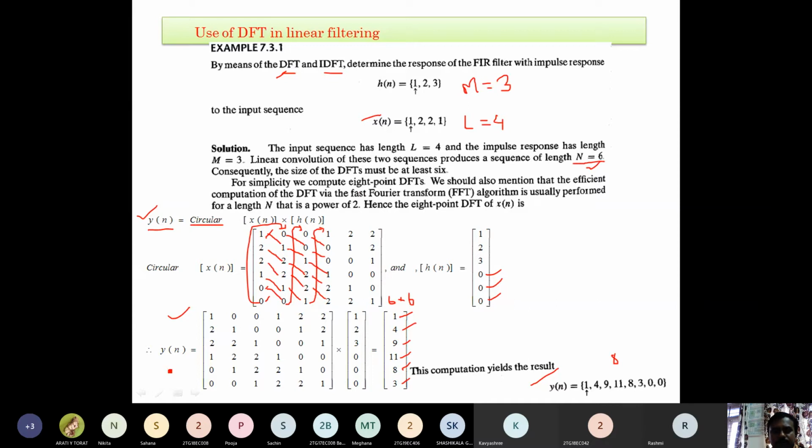Then you are going to get y of n. Or if you want a shortcut, a purely simple way, it is matrix multiplication. So this way you can get the immediate answer. This is the result of the multiplication of two signals of different length.